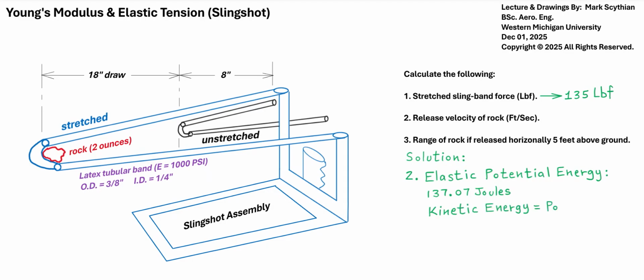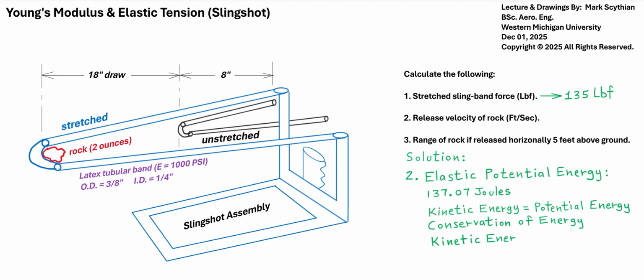And kinetic energy will equal potential energy, and this is the conservation of energy. Energy can't be created or destroyed, but only changed in form. So we have the total energy transferred from potential to kinetic after the sling is released.